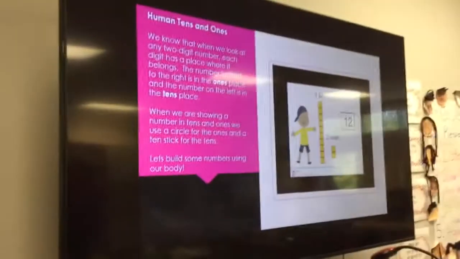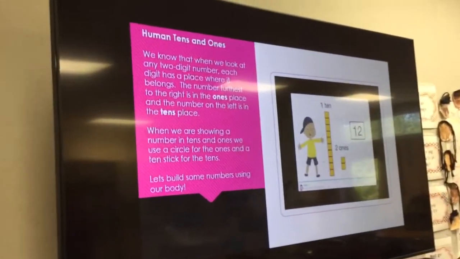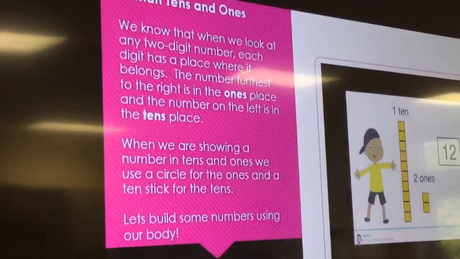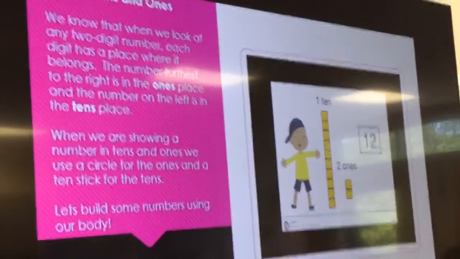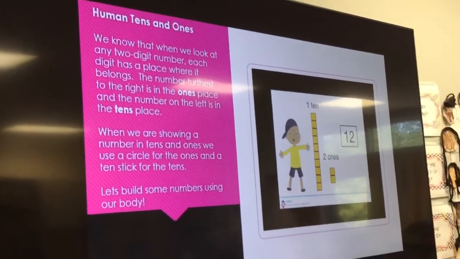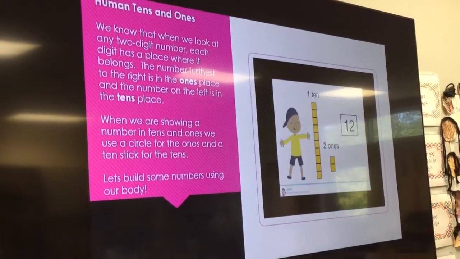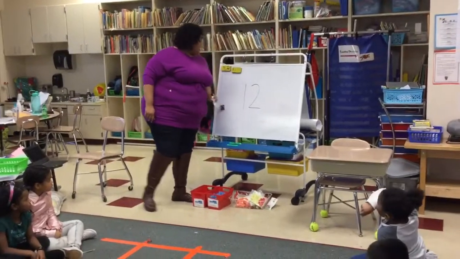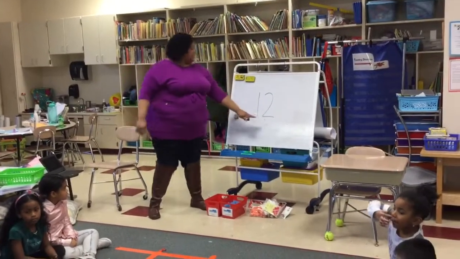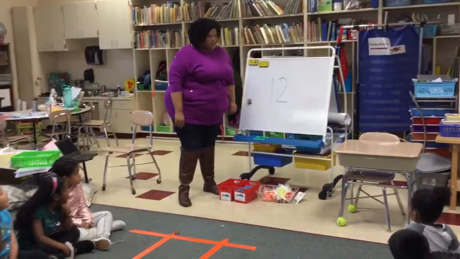And let's keep talking. All right, so let's talk tens and ones. We know that when we look at any two-digit number, each digit has a place where it belongs. For example, let's look at the number 12. What place does the 2 belong in?